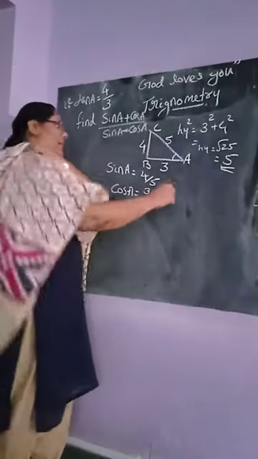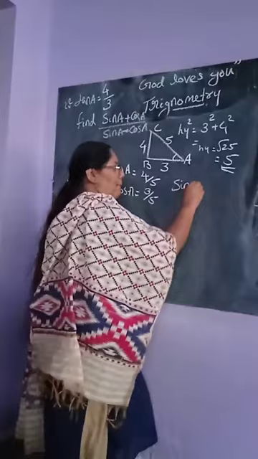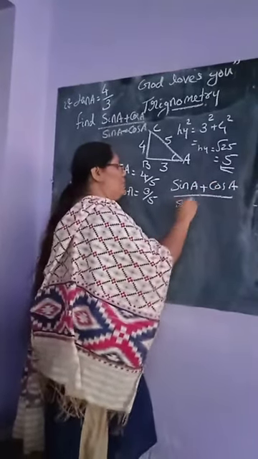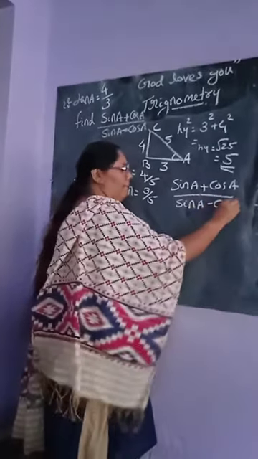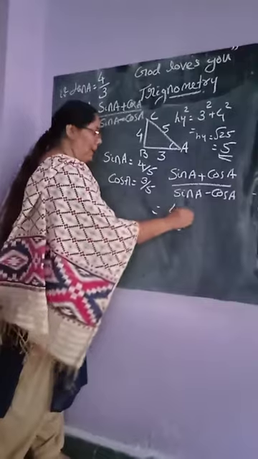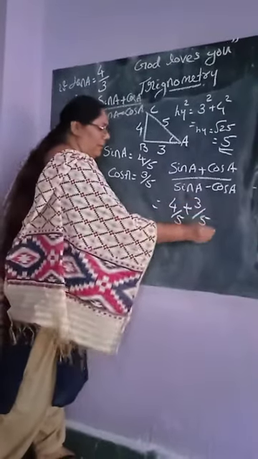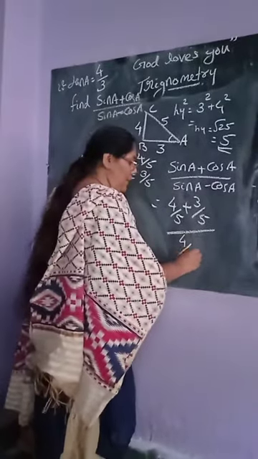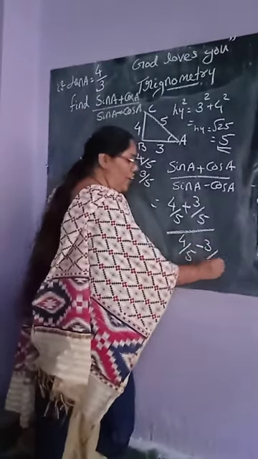What is your question? Sin A plus cos A by sin A minus cos A. What is sin A? 4 by 5 plus 3 by 5 by 4 by 5 minus 3 by 5.